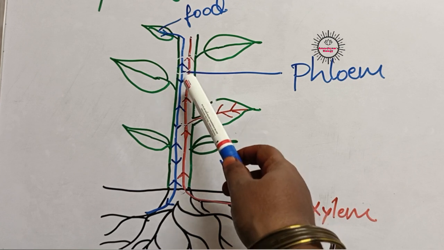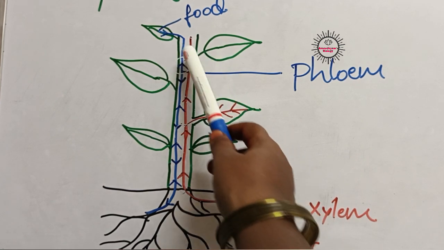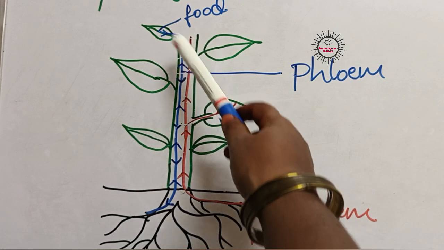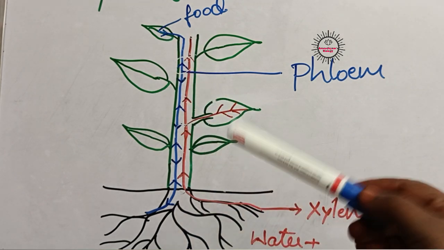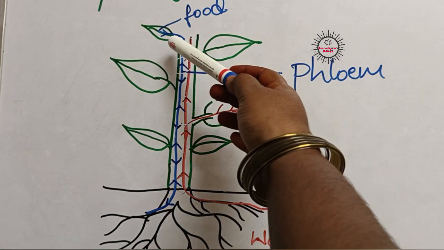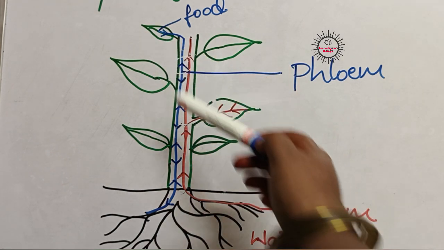For the translocation of food material, first the sucrose materials present in the plant body will enter into the phloem by using some energy, by using some ATP. Of course, both in plants and animals, energy is stored in the form of ATP, adenosine triphosphate. So by using the energy from ATP, sucrose molecules will enter into phloem.